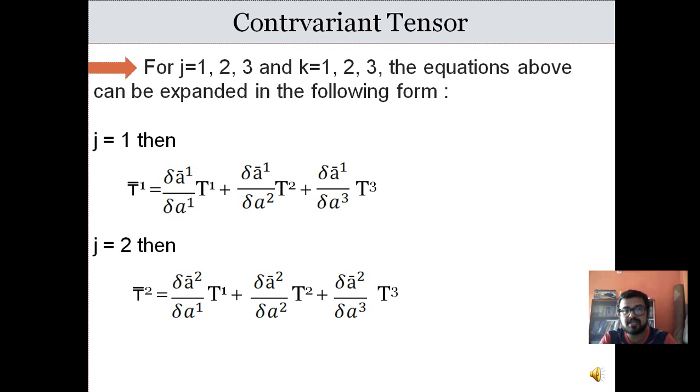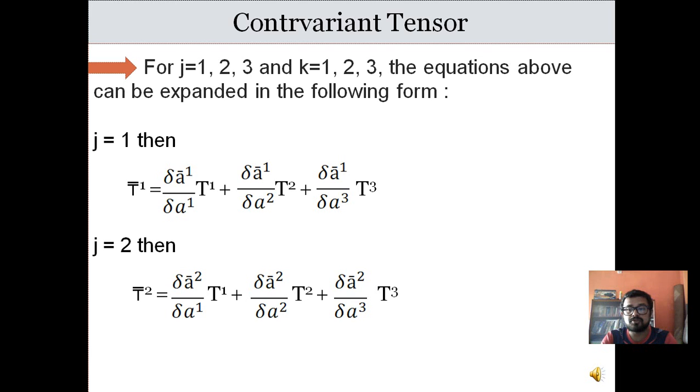Here you have to note that a bar 1 is fixed, but in the denominator there is a change in variable from 1 to 3, a1, a2, a3. And also t1, t2 and t3 are changing because they are coordinate components.